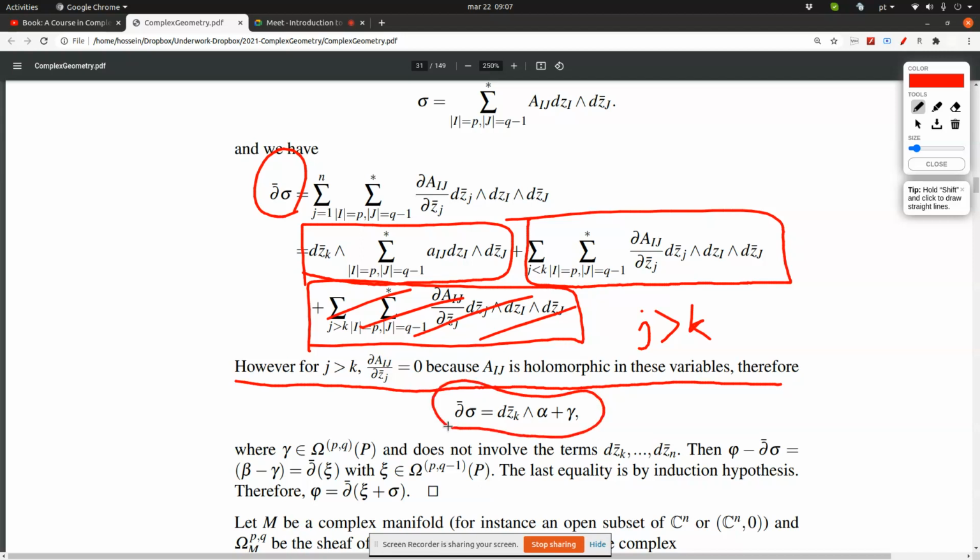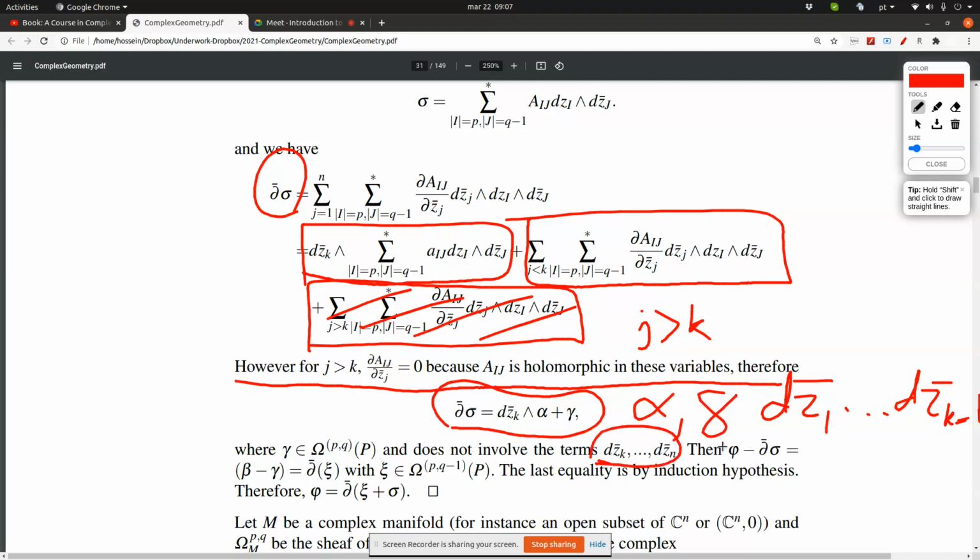The main point is that now alpha and gamma just contain z_1 bar until z_{k-1} bar, because we want to reach the hypothesis of our induction. They do not involve these other variables.